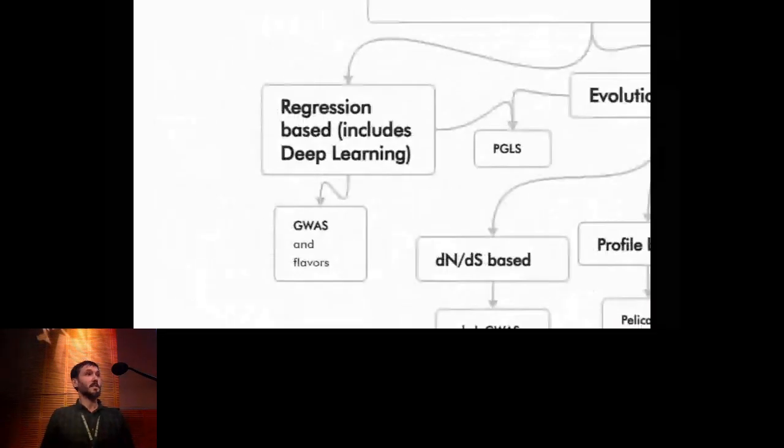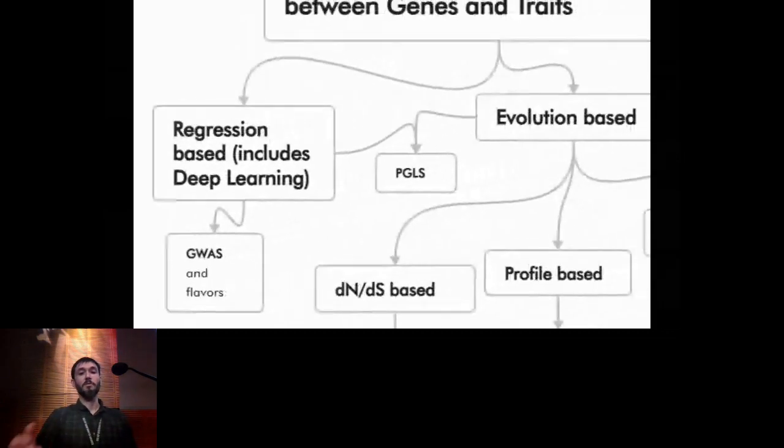GWAS doesn't work in this case because GWAS is a regression, and in the most general way you do it, you assume the independence of the samples, so they have to be IID samples. You can do something that's called phylogenetic generalized least squares, which is again a regression-based method which does control for the non-independence of the samples.